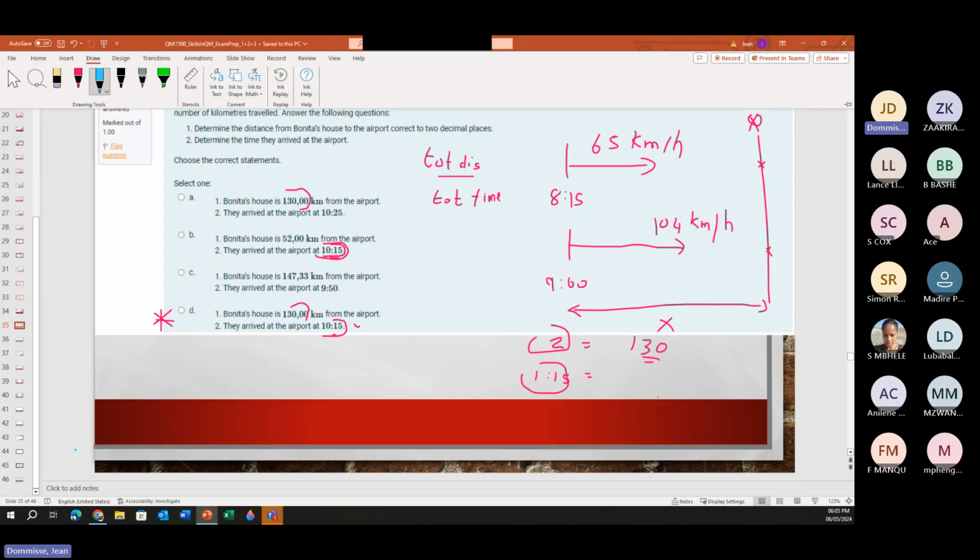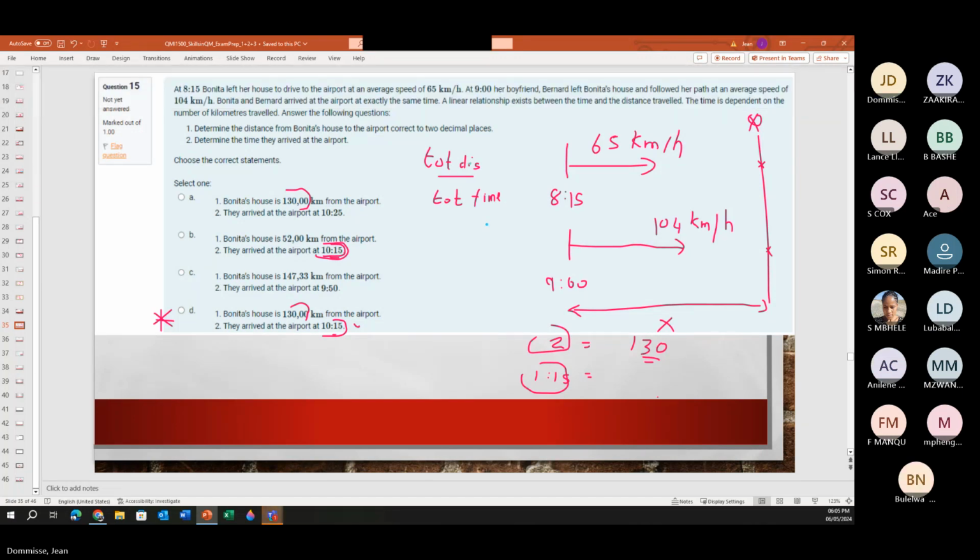So that is average: the 65 is total distance over total time. 104 is equal to total distance over total time.